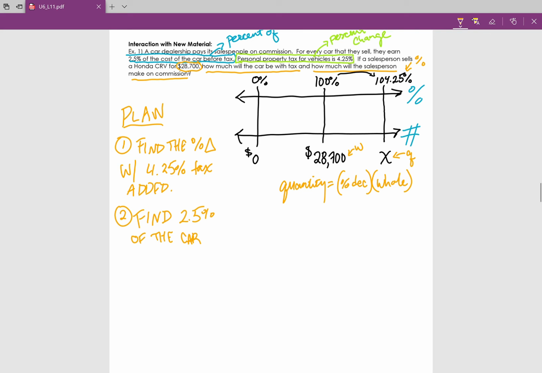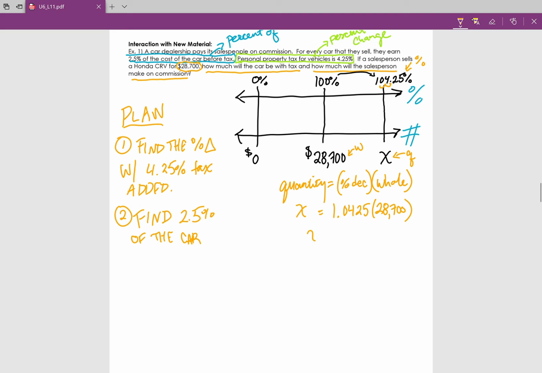So I'm going to fill in x equals our decimal. Look, I have to move this decimal point over 2. It would be 1.0425 times our whole. That is 28,700.